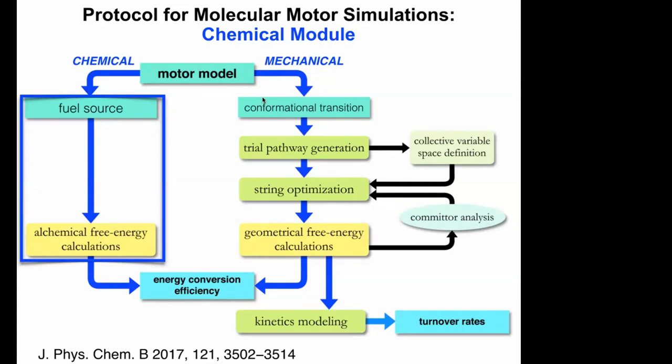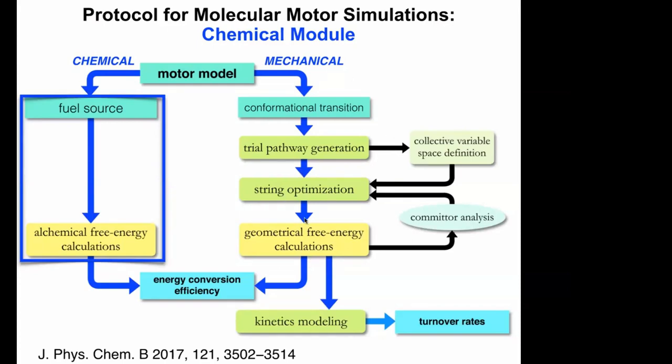Then I start with a very concrete example of a chemomechanical motor, where the flash is actually a chemical event. It's a reaction, let's say ATP hydrolysis. So then I can come up with a molecular dynamics simulation methodology where I separate out my chemical events from my mechanical events. Don't worry about what this jargon means inside these boxes.